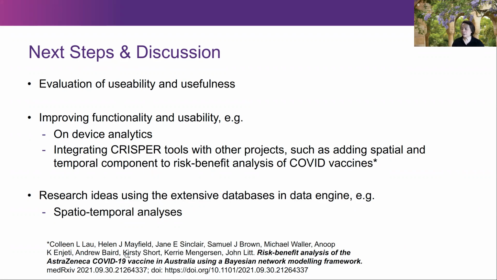So we've got a preprint out looking at the risk-benefit analysis for the AstraZeneca vaccine using Bayesian networks, but there's no spatial or temporal component to this model at the moment. But we have spatial and temporal data from, say, postcodes in Queensland. We could potentially model that risk versus benefit at different spatial levels.